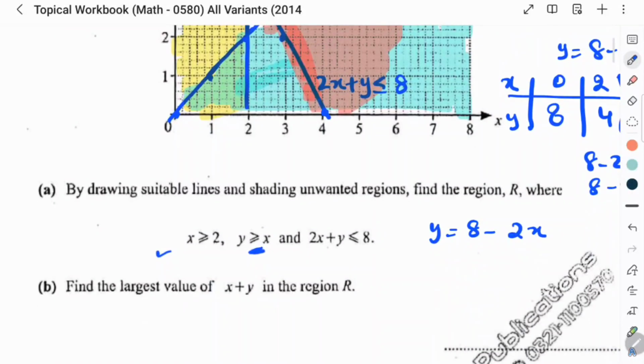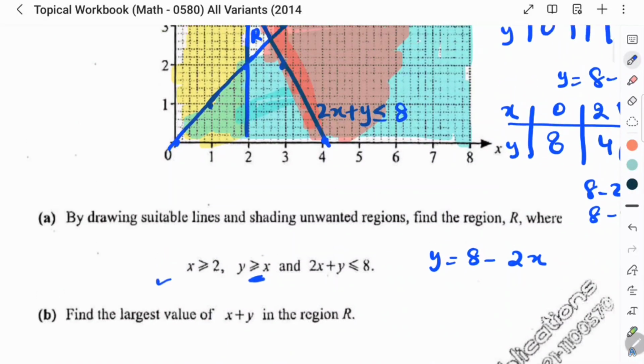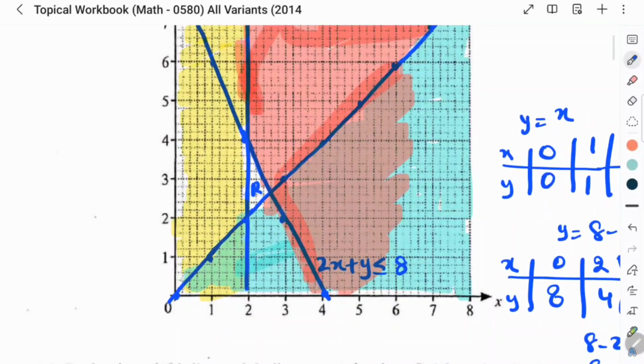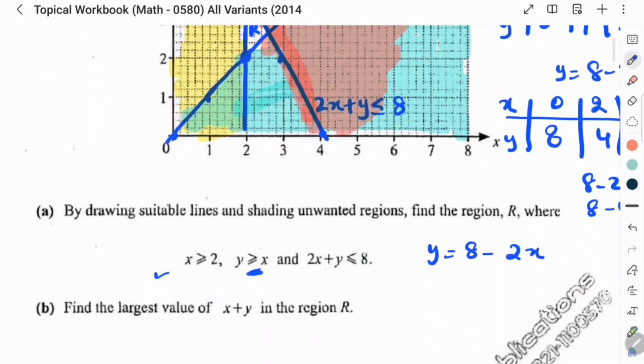Now find the largest value of x plus y. So the values in the region, or the boundaries also will be included, because it is equal to also. So we have some numbers there. We can include this 2, 4. This one is 2, 4, and this is 2, 2, and then you will have no integer values coming in the middle.